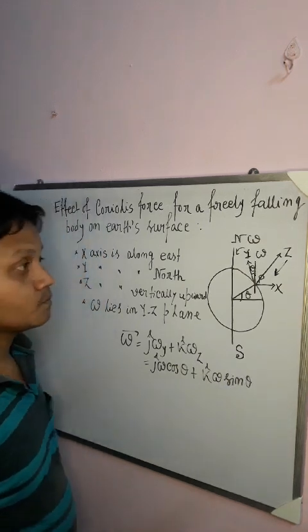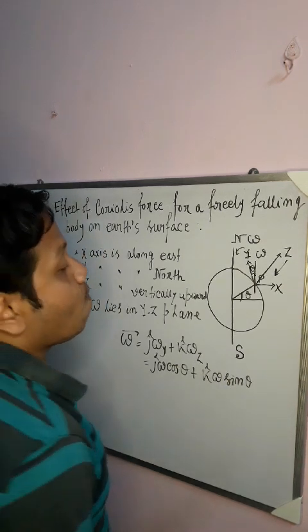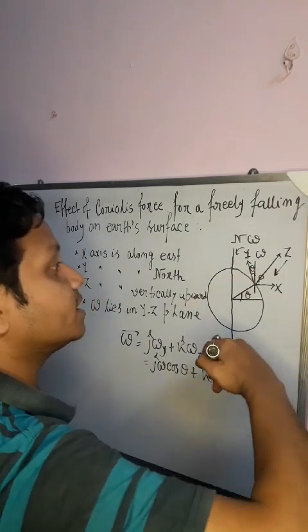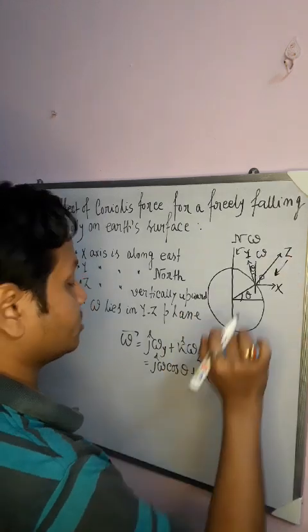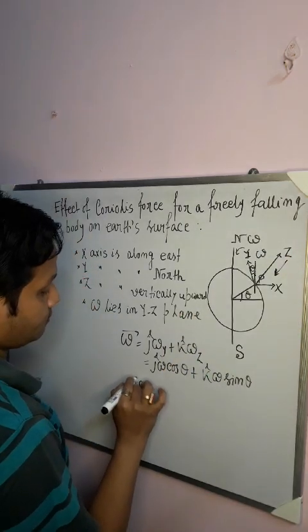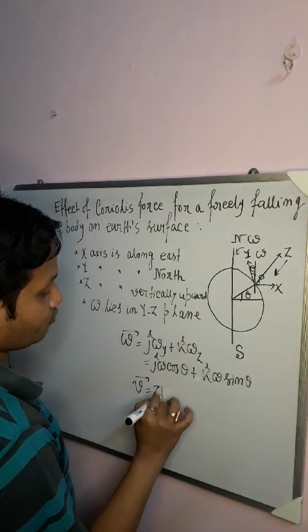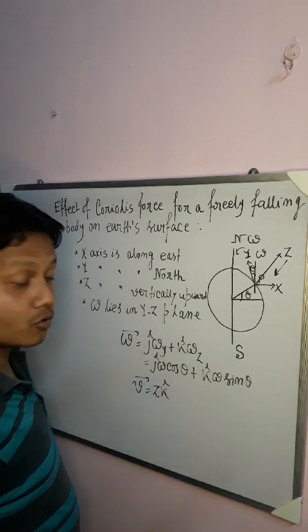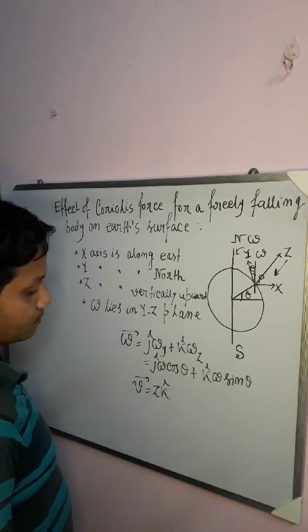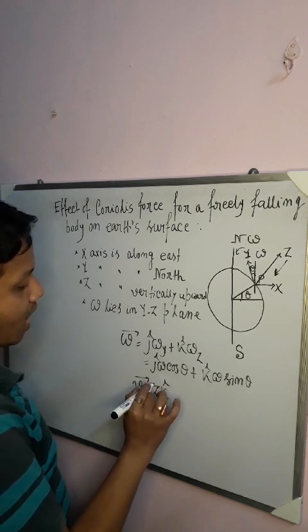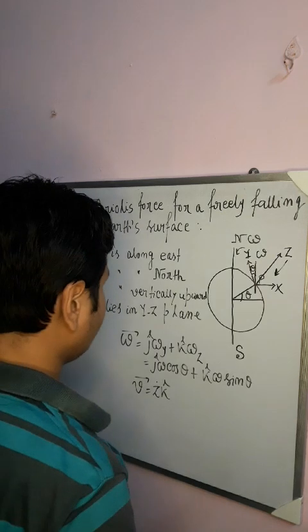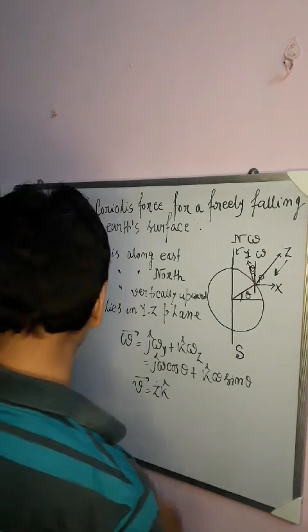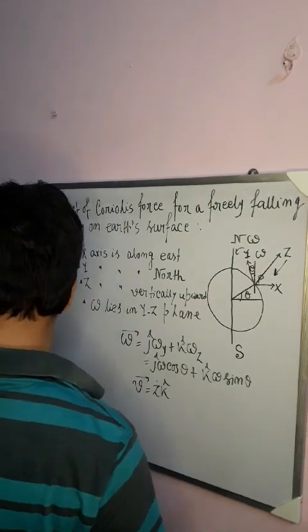Okay, now the object is thrown vertically in the downward direction, say with a velocity v along the z-axis. That means velocity only can have a z component, z dot k cap. Okay, that means velocity can be written in this way.